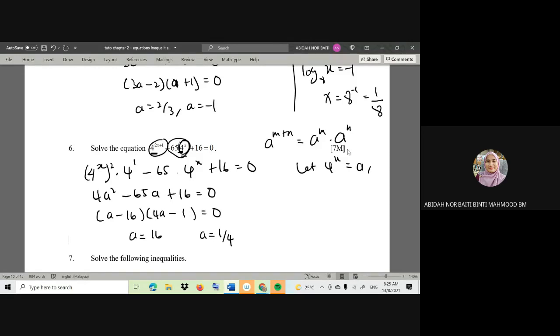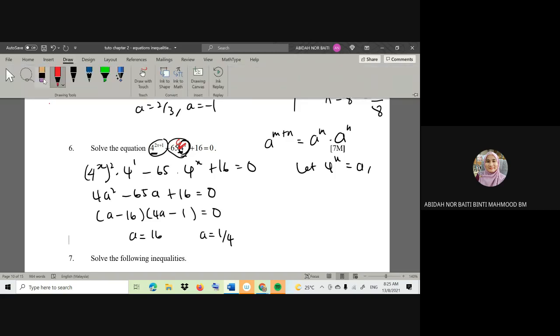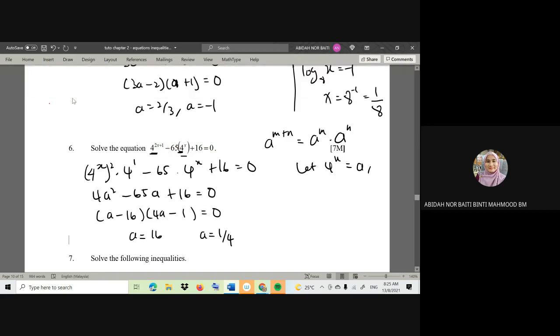Okay, 4 tu kita tak payah tukar kepada base 2 lah, yang memang boleh kan. Tapi macam tak payah je kan. Sebab kita ikut yang sebelah dia ni ya. Kita nak benda yang sama. Ni 4 power x, ini pun ada 4 power x. Sebab apa?